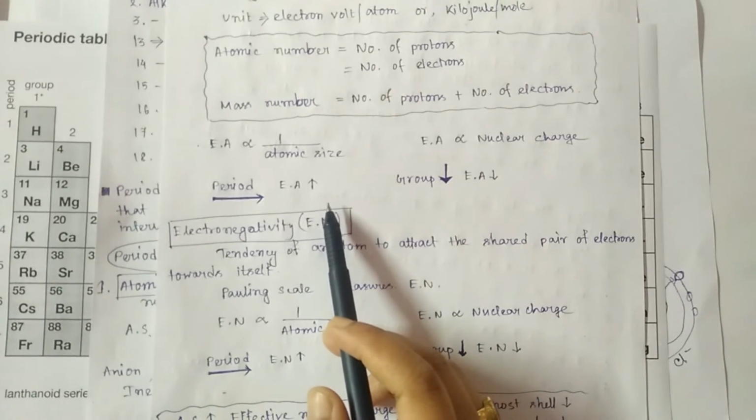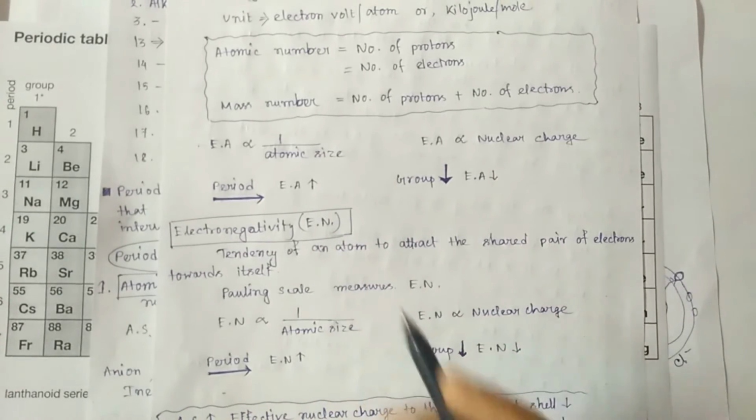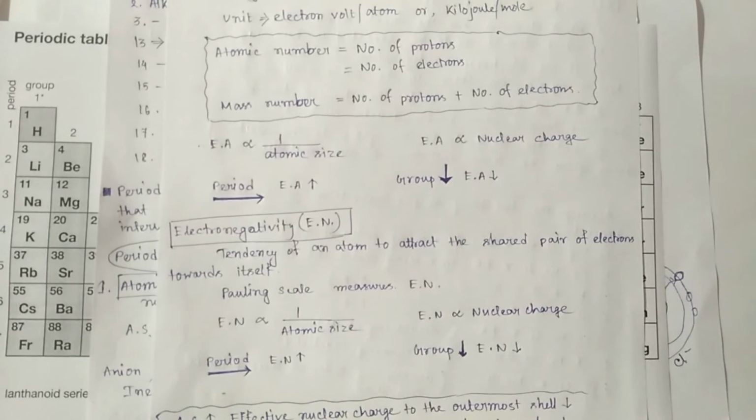Always remember that if an element gets stability just after adding an electron, it will release more electron gain enthalpy.